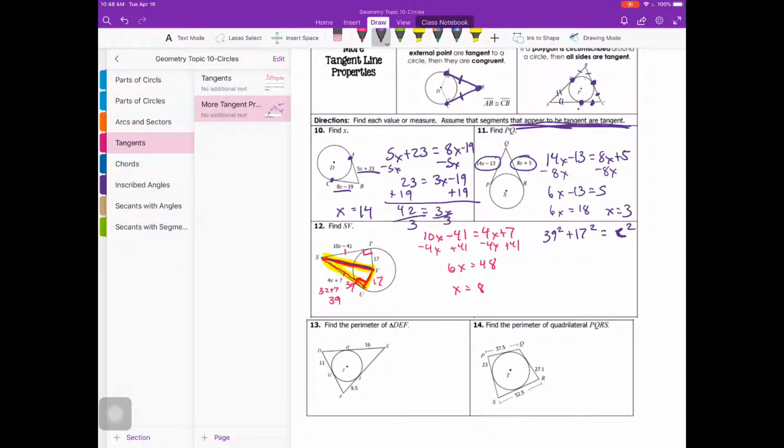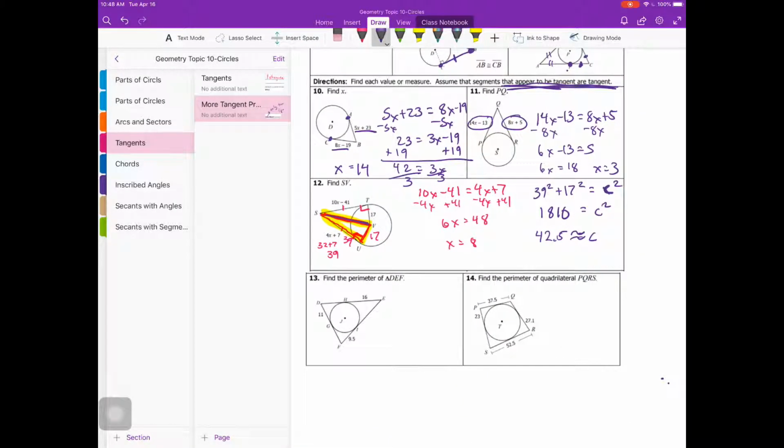That's our c. And to do that, we're going to have 1810 equals c squared. And then we're going to take the square root, and we get that it's approximately 42.5.